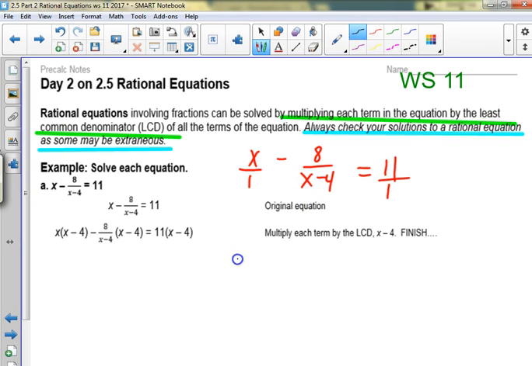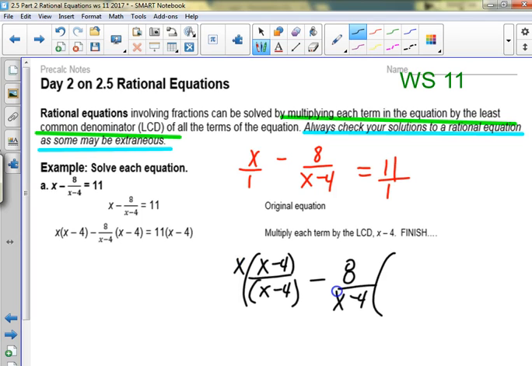I'm going to multiply each thing by x minus 4 over x minus 4, and normally I would not show all this, but just humor me. I have extra parentheses everywhere. I'm sorry, guys.